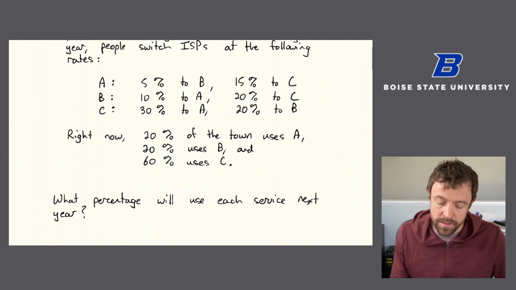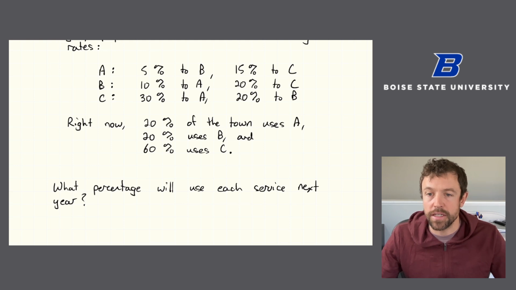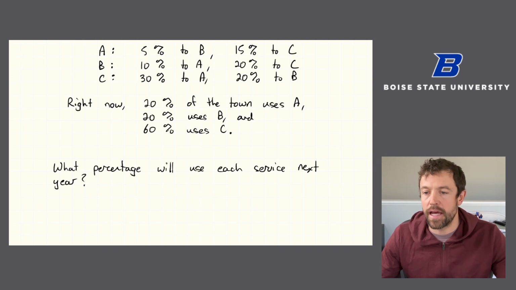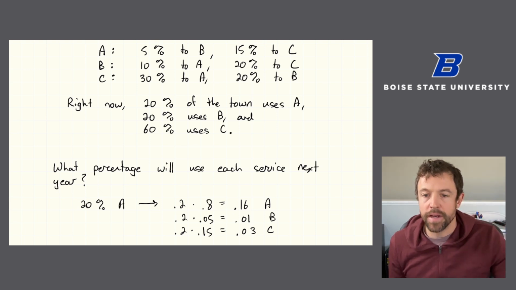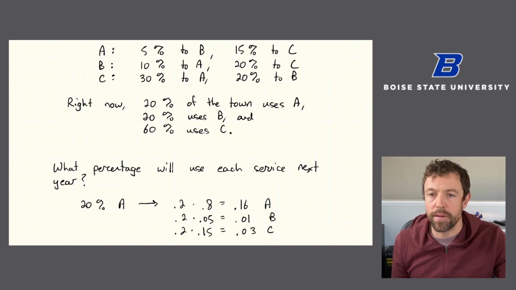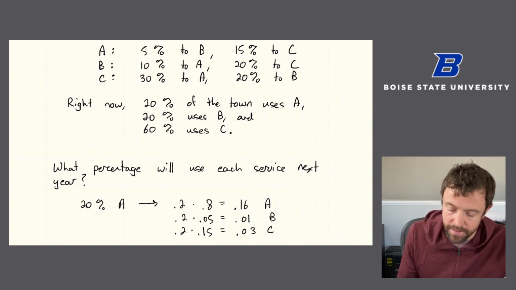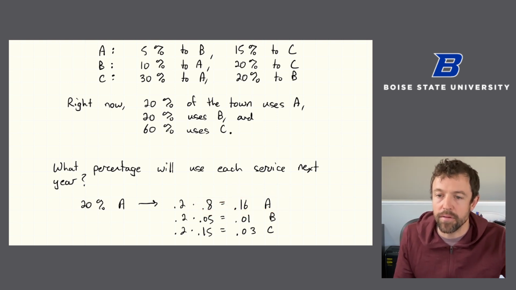My question is, what about next year? What percentage are going to be using each service? And this is actually not that hard to calculate, right? So we can figure out what happens to all of the people who started with A. So 20% started with A, and 80% of them will stay with A. So that's 16% of the people.